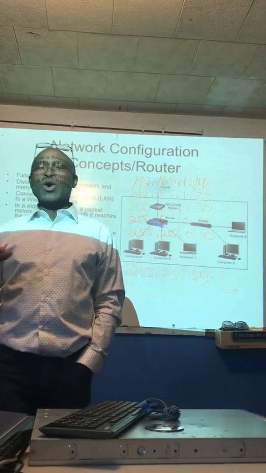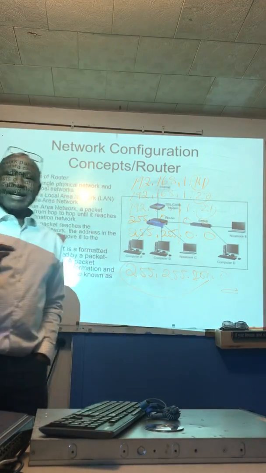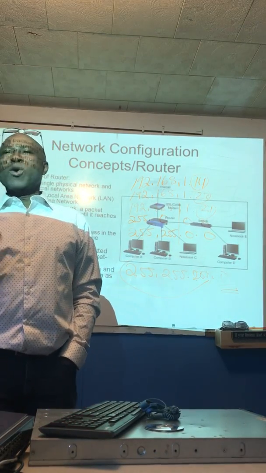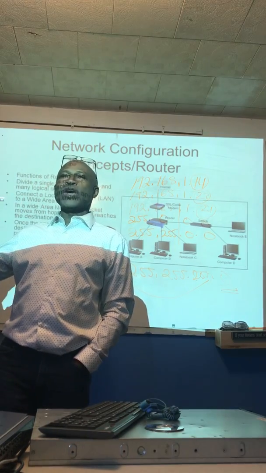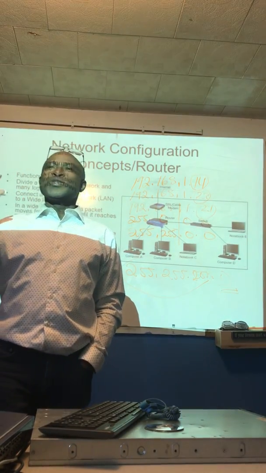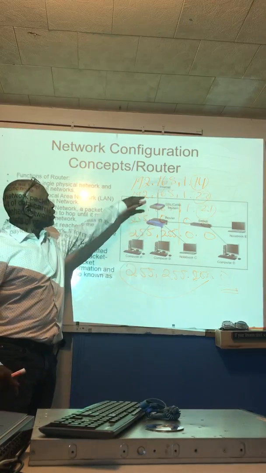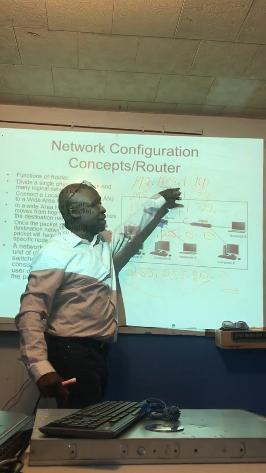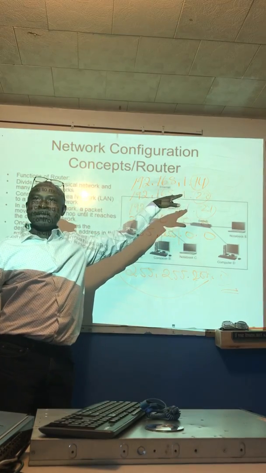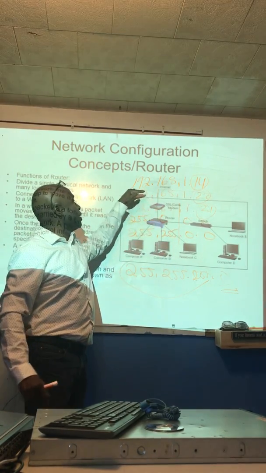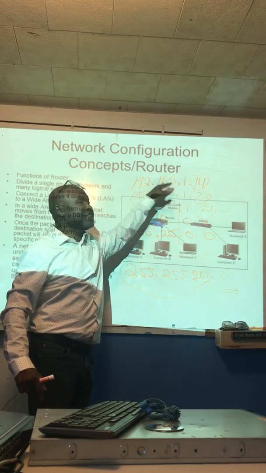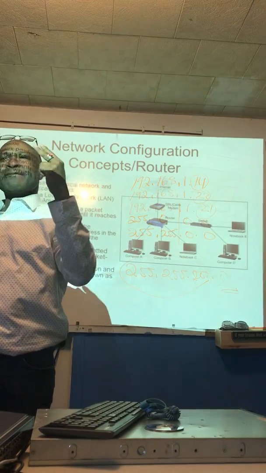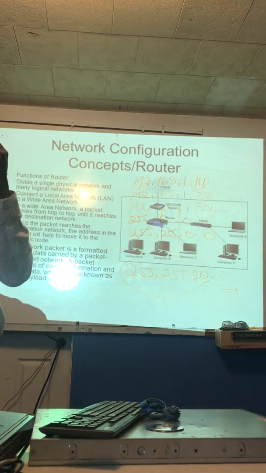The gateway always has the host ID 1. So for a network like this that has an IP address 192.168.1.14, the gateway will be 192.168.1.1, because the gateway always has the host ID 1.